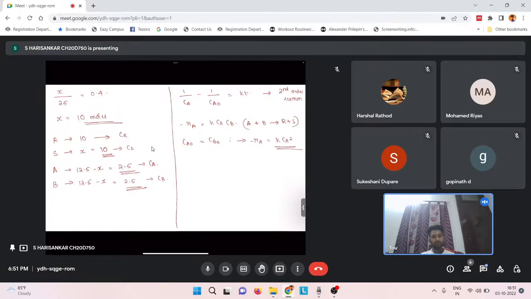And if minus Ra is equal to K CA square, then minus dCA by dt is equal to K CA square. And if we integrate this, we'll get this simple equation for second order reaction as 1 by Ca minus 1 by Ca0 is equal to Kt. So using this equation, we can solve to find this time T.